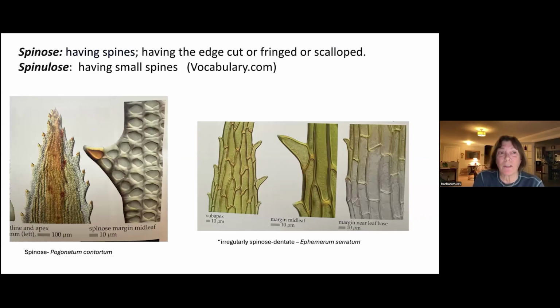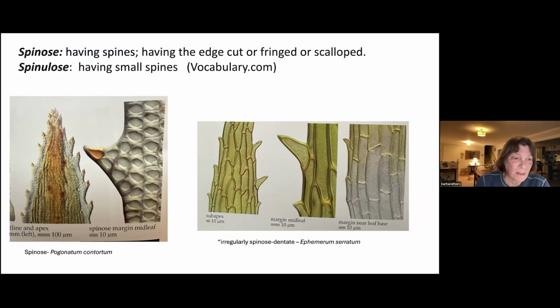Spinose is also used, and spinose obviously just means having spines, and spinulose would be having small spines. So what is the difference between a tooth and a spine? I think many might say a spine is composed of more than one cell, multiple cells. You think of spines in flowering plants or in cacti, they're big projections.